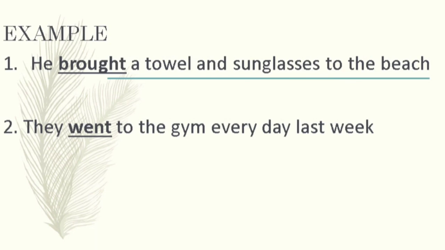So I'm using both of these in addition to the basic simple past structure here. The verb that we want to use here is go, but go is an irregular verb. So we can't use go plus ed, okay? Go changes to went in the past. So went is the correct answer for this sentence here.